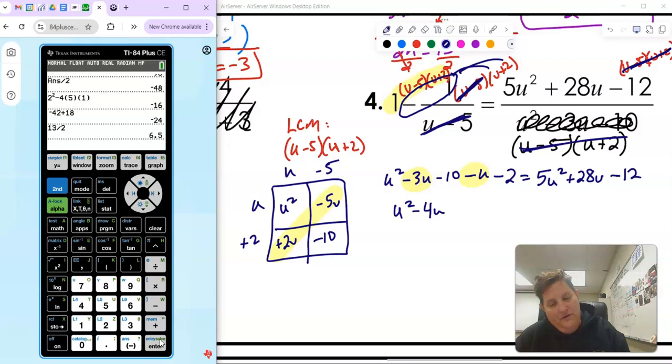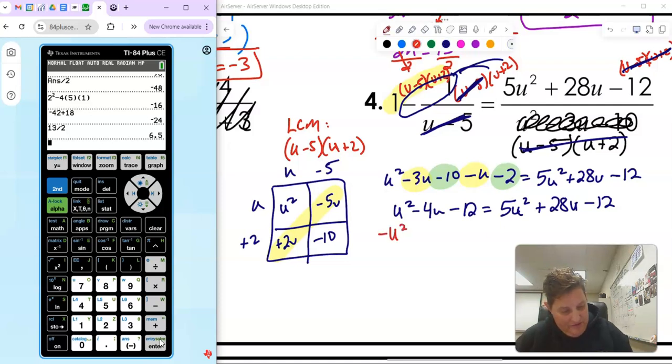Now we've got to combine our like terms on the same side before I start moving things around. So it's u squared minus 4u minus 12 equals 5u squared plus 28u minus 4. I'm going to subtract that over, add that over, and add that over.